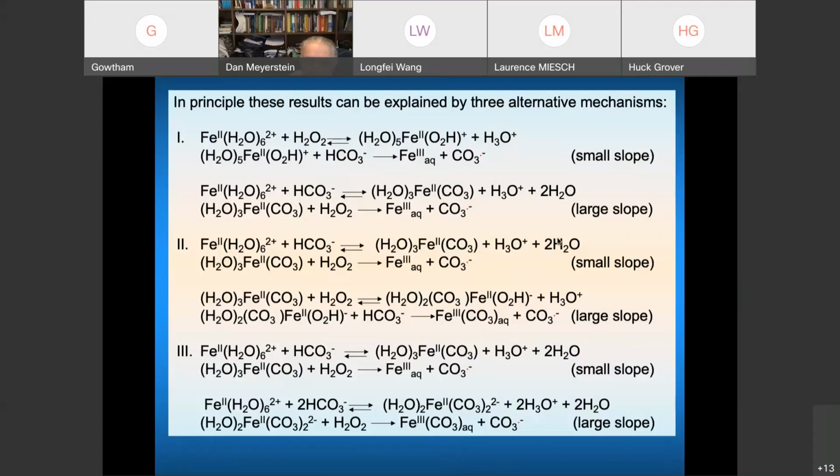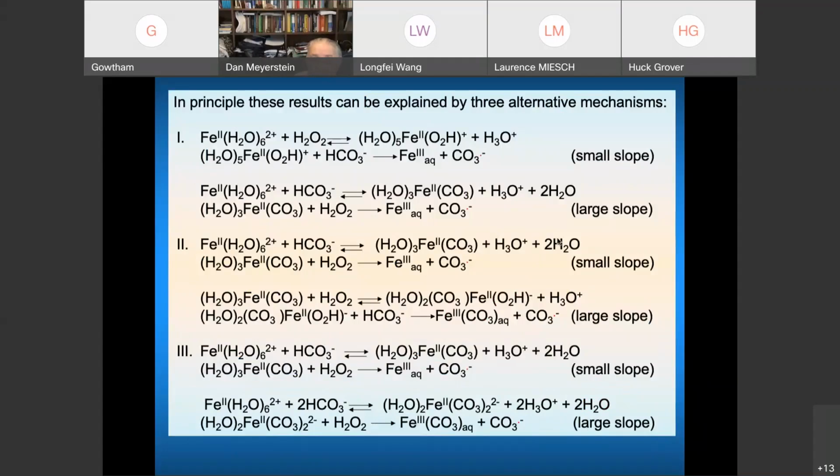are the possible mechanisms. I'll discuss only the first set, what appears under 1. We believe that this is correct. In the paper, it is explained why the other 2 are probably wrong. And we think that what happens is that iron 2 forms a complex with hydrogen peroxide, and then at low concentration of bicarbonate reacts with this, and this forms the first order dependence on bicarbonate and the small slope.